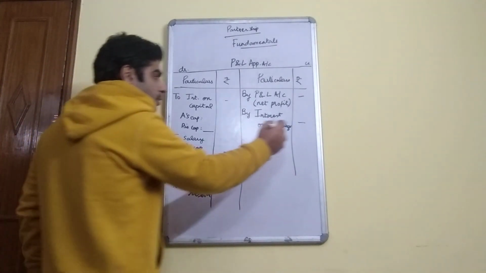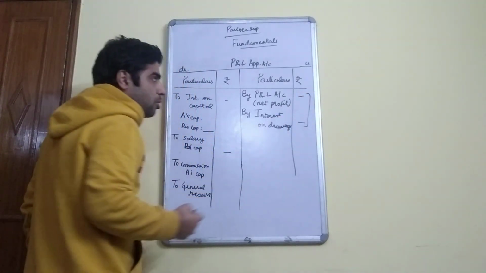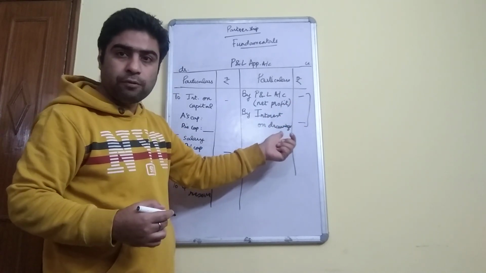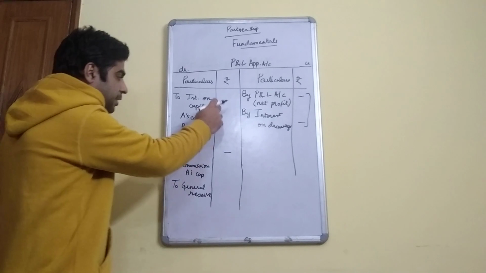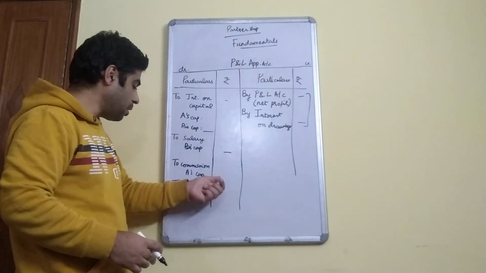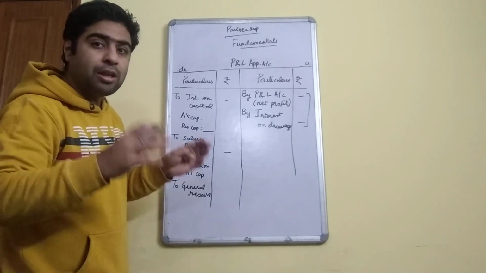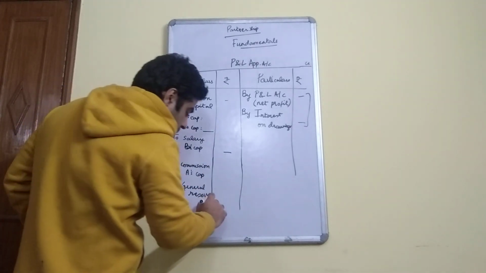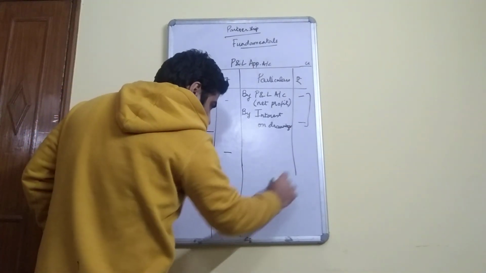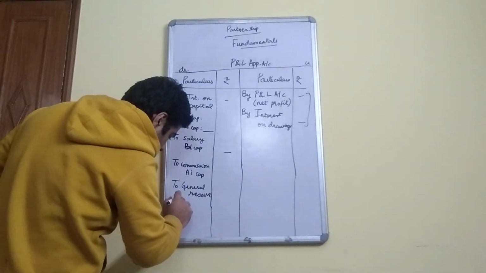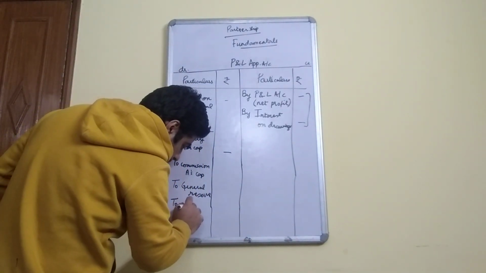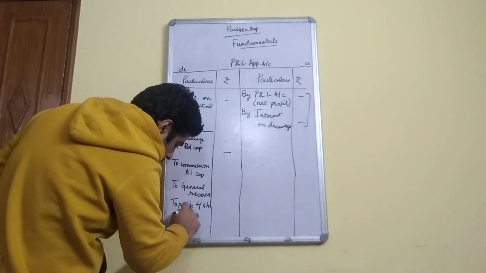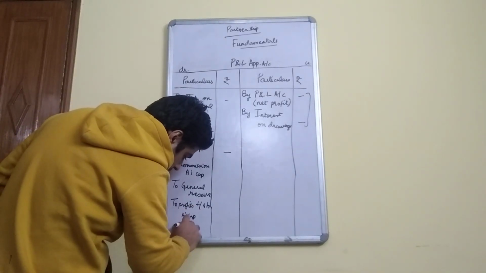Now what we do is we add up these two values on the credit side, the value in front of the P&L account and the value in front of interest on drawings, and we subtract interest on capital, salary, commission and general reserve. Whatever profit is left is transferred to the partners' capital accounts. It will be shown as profits transferred to A's capital and B's capital.